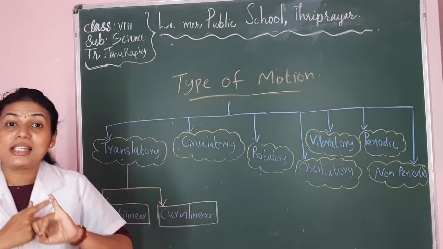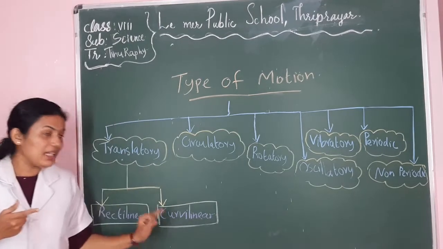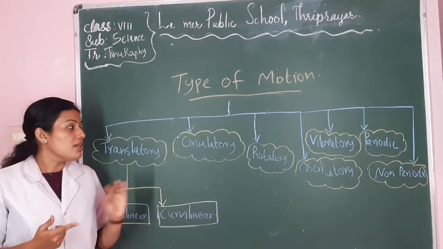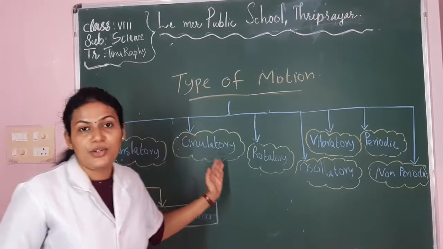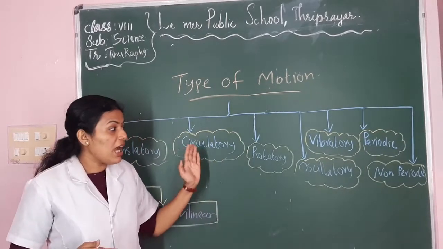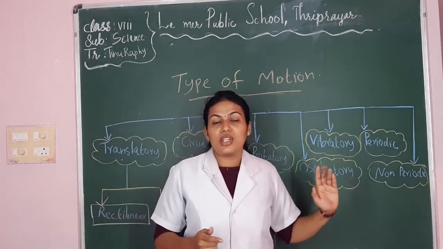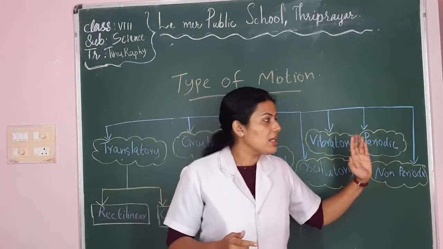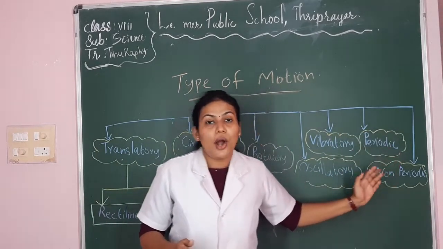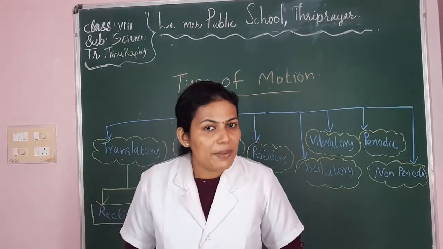The first type is rectilinear motion and the second type is curvilinear motion. The second type of motion is circulatory motion. The third type is rotatory motion. The fourth type is oscillatory motion. The fifth type is vibratory motion. The sixth type is periodic, and the seventh type is non-periodic.